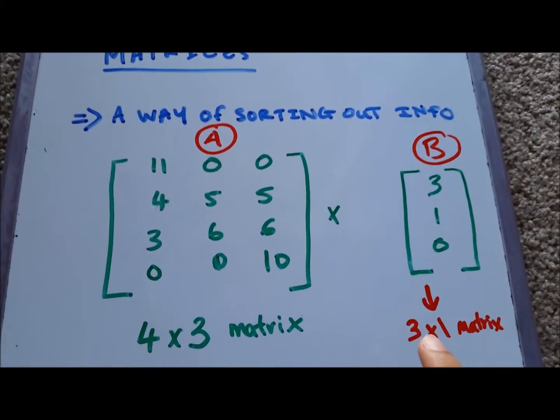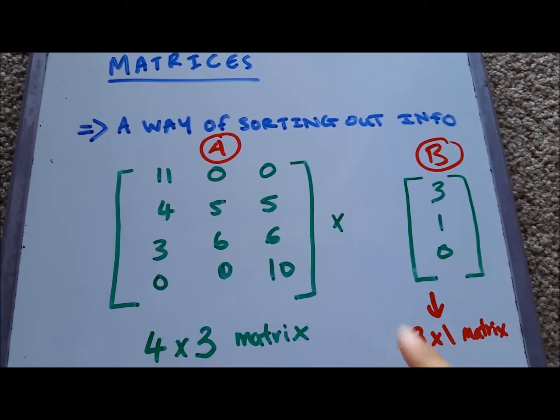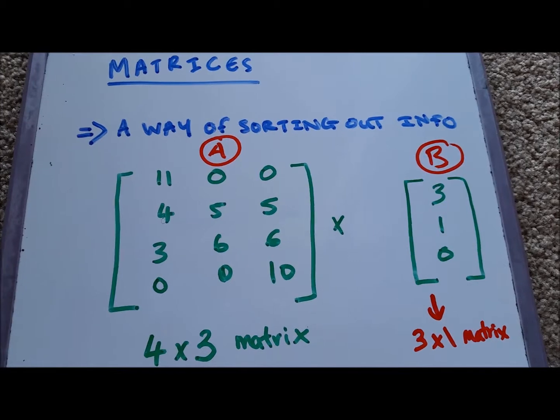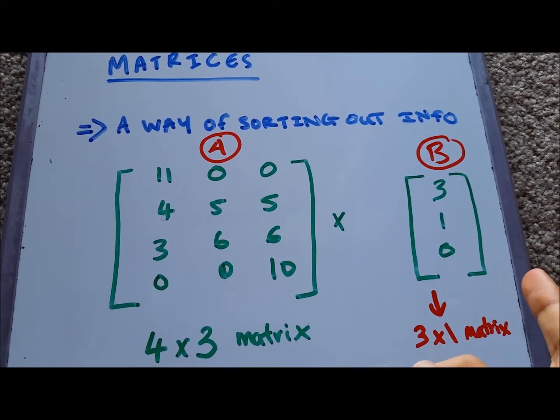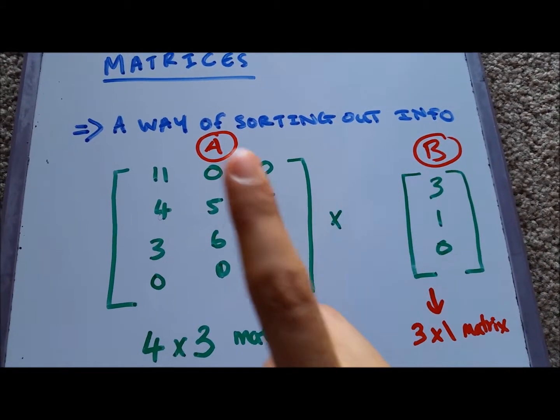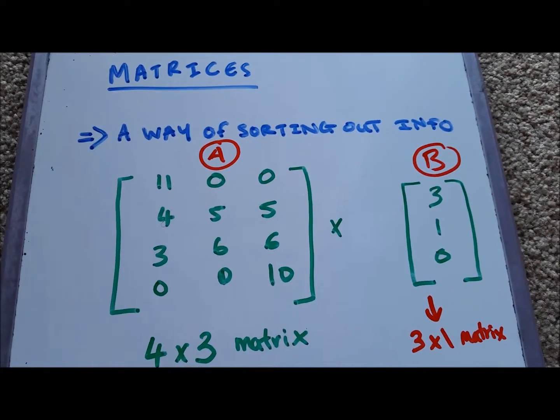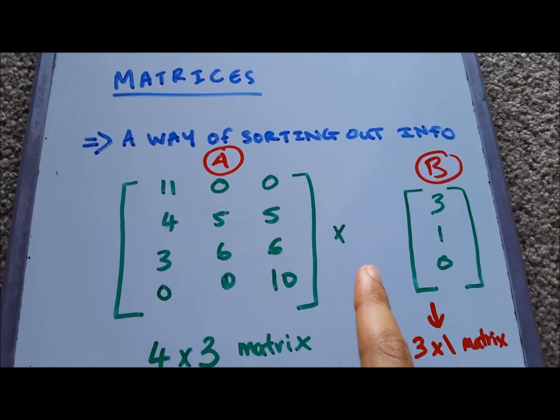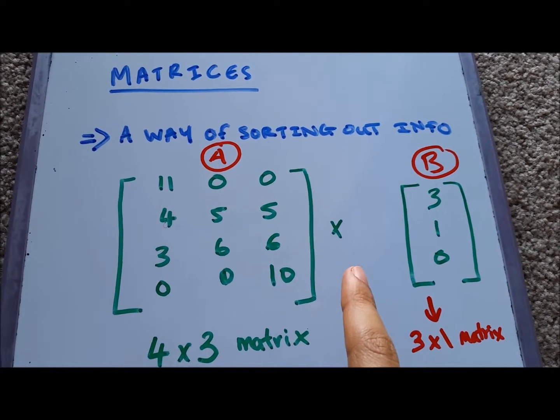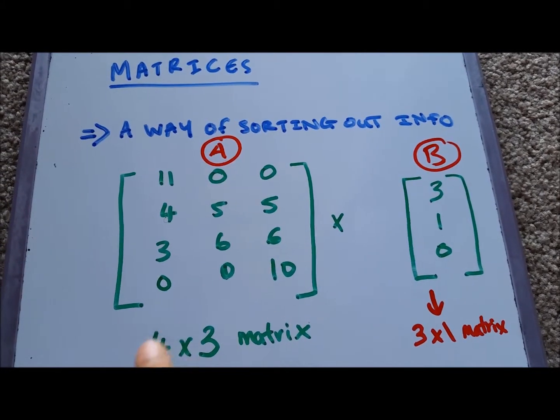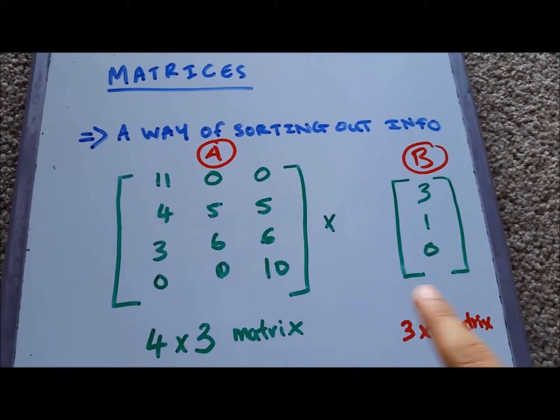It's going to be 3 times 1. And in the IB problem, you might see what is A times B equal to. That's really going to ask you to multiply the 4 times 3 matrix by the 3 times 1 matrix.